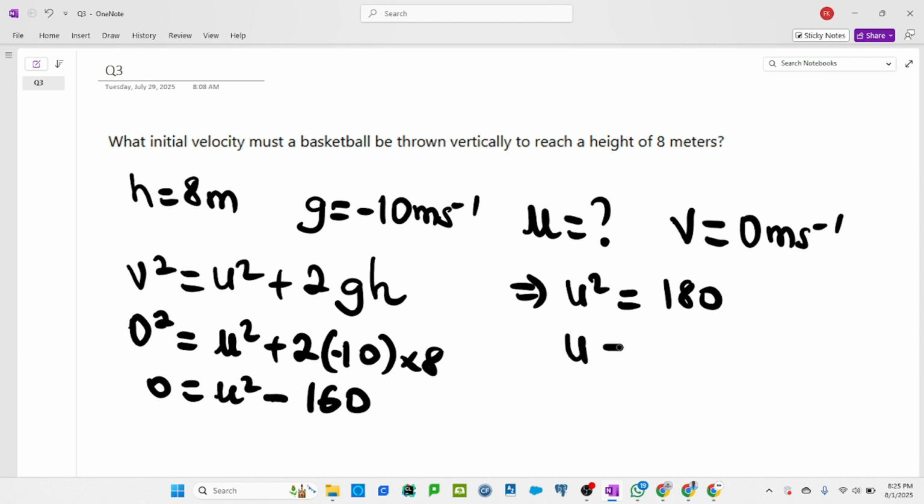Then if you find the square root of both sides, square root of 160, who has a calculator there? Sir, the value is 160. Okay, sorry, yes, we are finding the square root of 160. Thank you very much, Robert. So what's the answer?